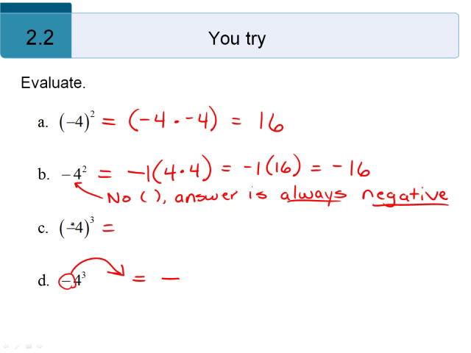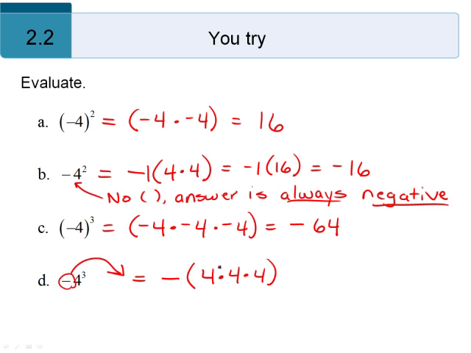All right, so let's look at C. Here it's in parentheses, so I have to multiply -4 by itself 3 times. So 3 negatives is going to give me a negative, and 4 times 4 is 16, times 4 would be 64. So I get -64. On letter D, again, it's the opposite of 4 to the third.